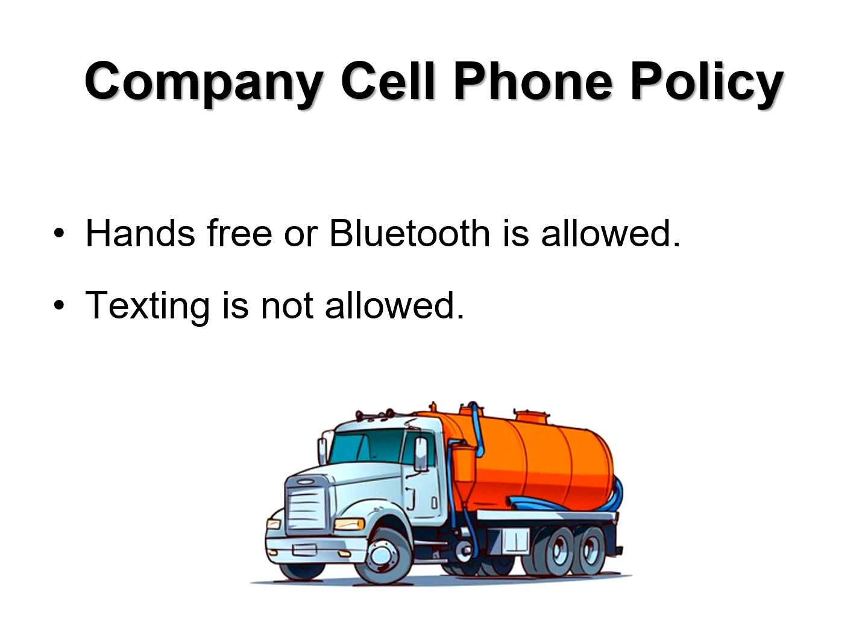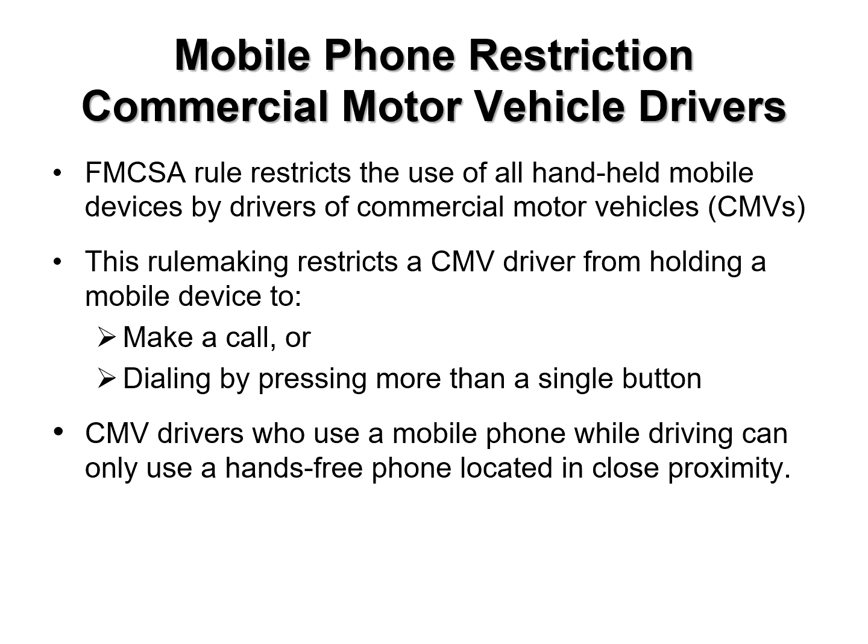Company cell phone policy. The policy is hands-free or Bluetooth is allowed. Texting is not allowed. Mobile phone restriction for commercial motor vehicle drivers. The Federal Motor Carrier Safety Act rule restricts the use of all handheld mobile devices by drivers of commercial motor vehicles.